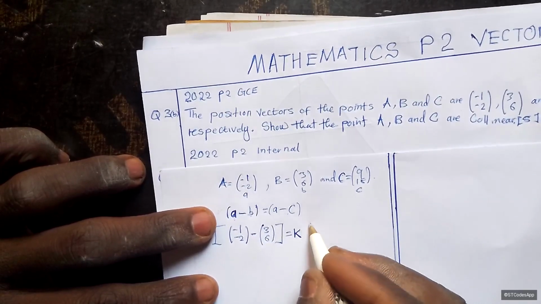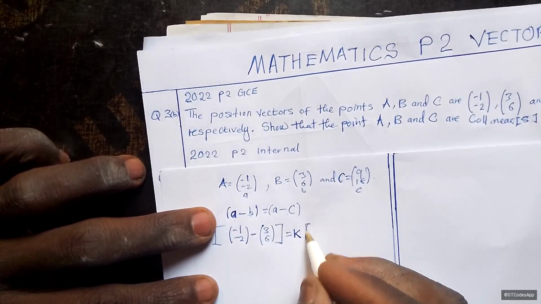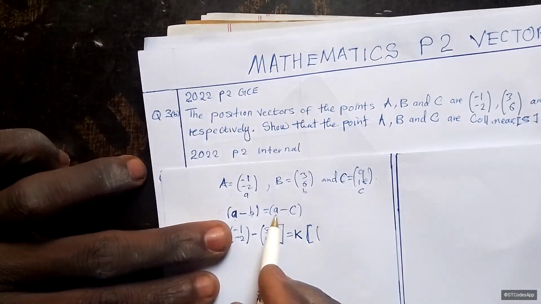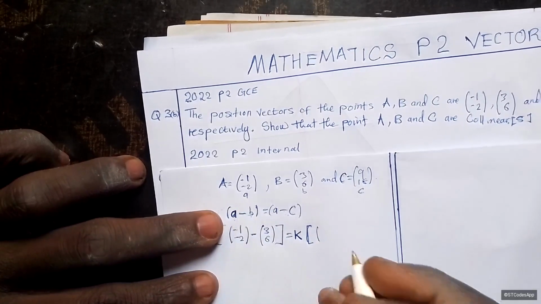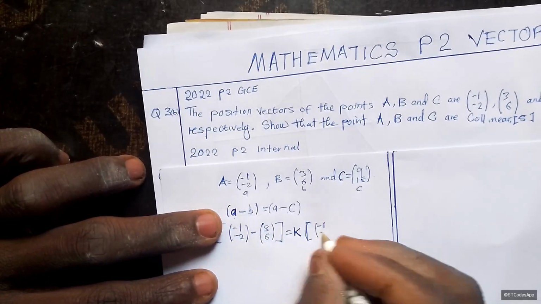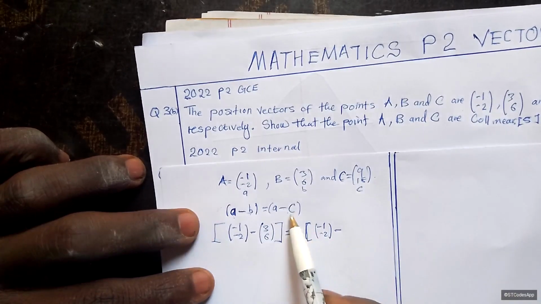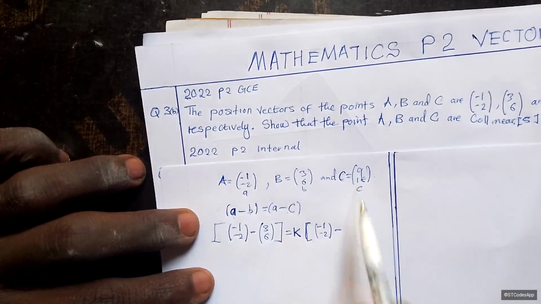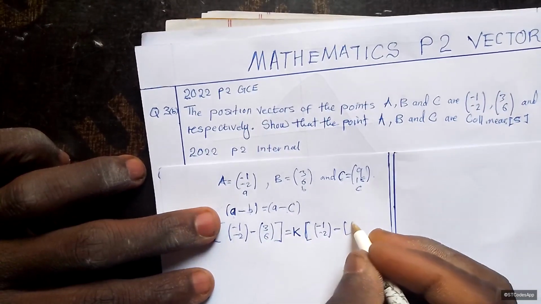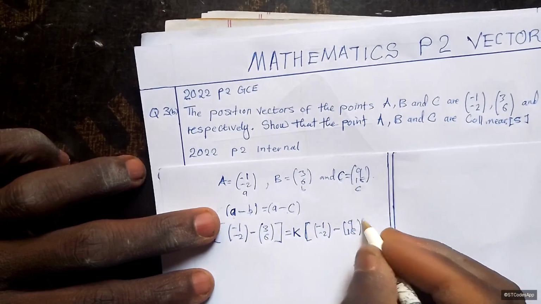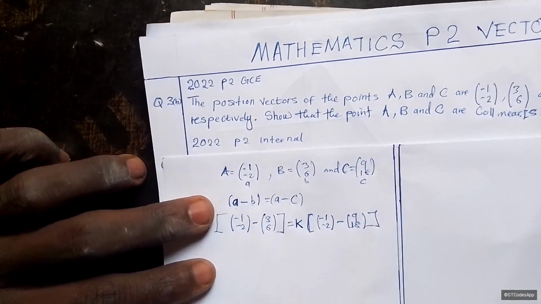So I'm going to say k, open square bracket, then open bracket, vector A which is (-1, -2), close, minus vector C, which is (9, 18), then close square brackets.